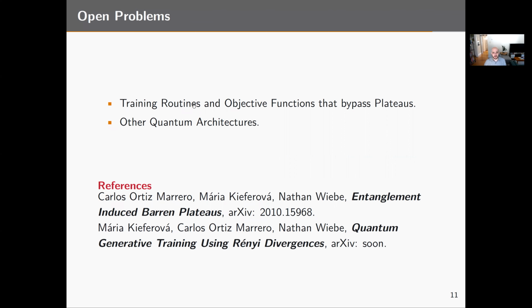What training routines can we come up with, and what objective functions can we construct that can maybe bypass some of these Barren Plateau phenomena? Alternatively, another way of thinking about this question is, what type of quantum architectures do we need to use to maybe bypass or alleviate this problem?